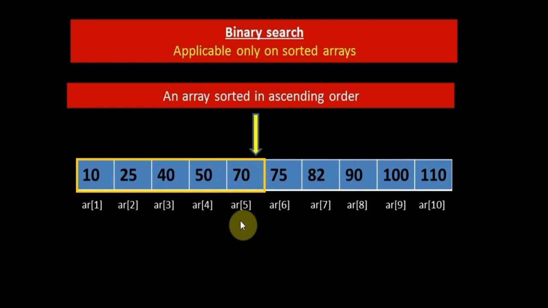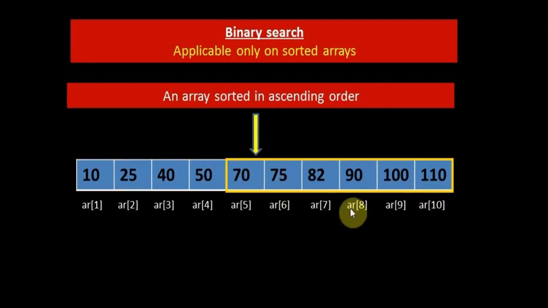And if the element to be found happens to be bigger than this middle element, my search would be restricted only to the right part, that is the right subarray. So you can easily judge that this search is pretty fast, right? Because we would be breaking down our area of search each time when we are trying to search from the middle element.